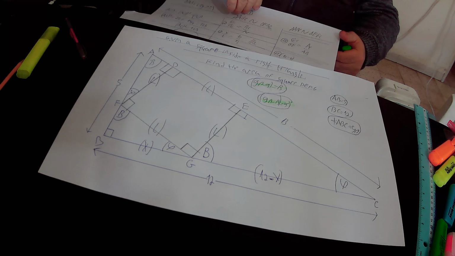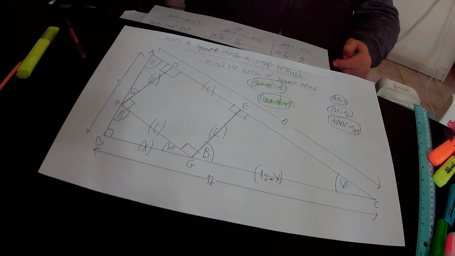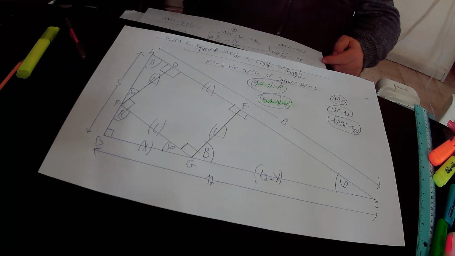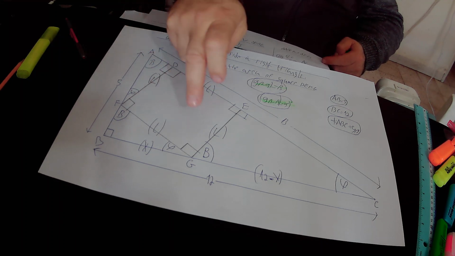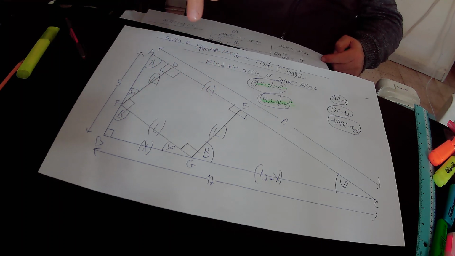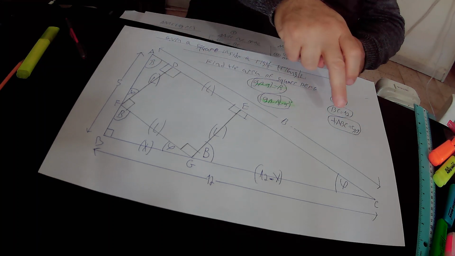From the fact that the 2 right triangles are similar to each other, we derive the following relationship between their sides. BG over FG in the small triangle FBG equals BC over AC in the big triangle ABC.